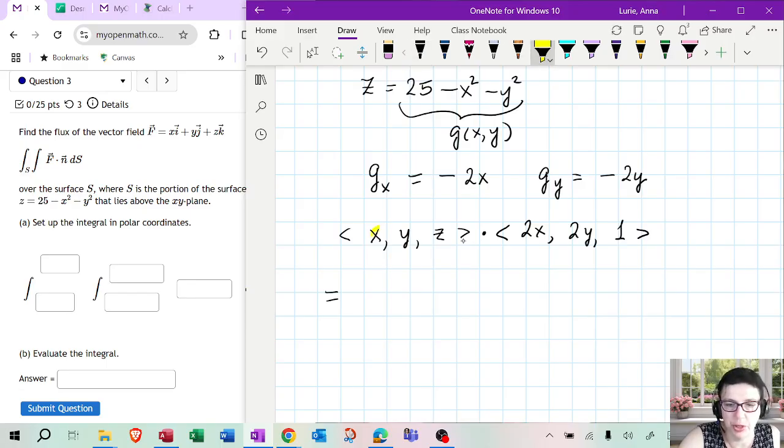So what we do is take each component, multiply by the other component, right? So multiply this one by the corresponding y component and this one by the z, and then we add them up, and it's not a vector. Dot product is a number, or in this case, it's a scalar field because it has x and y. So this is 2x squared plus 2y squared plus z.